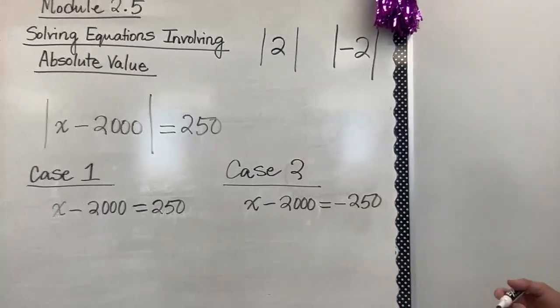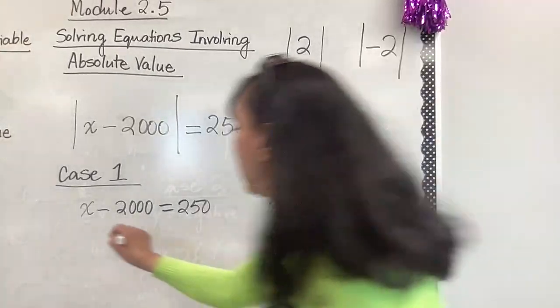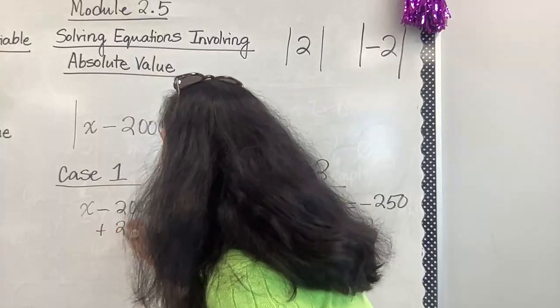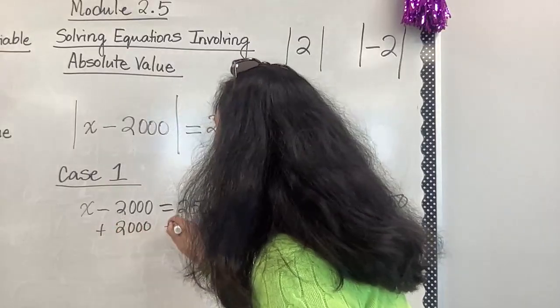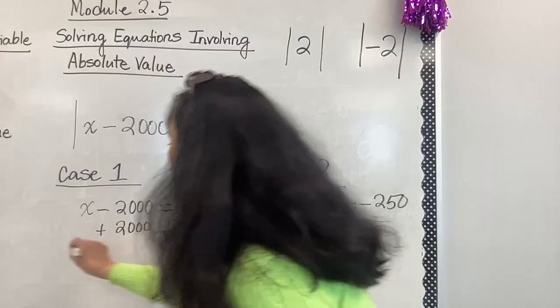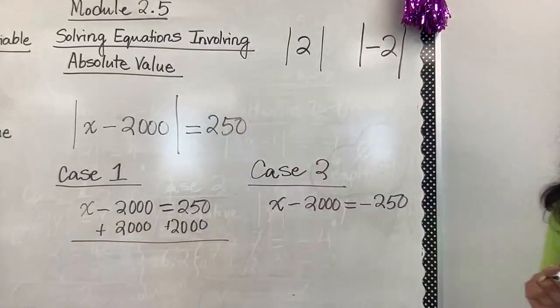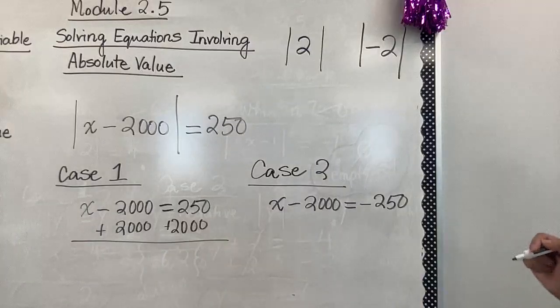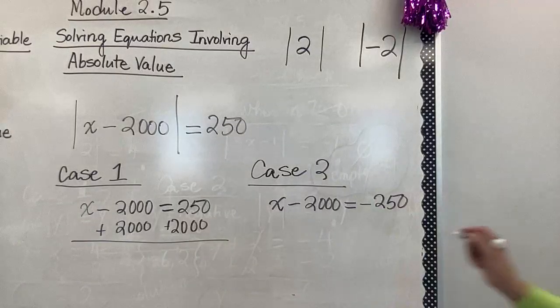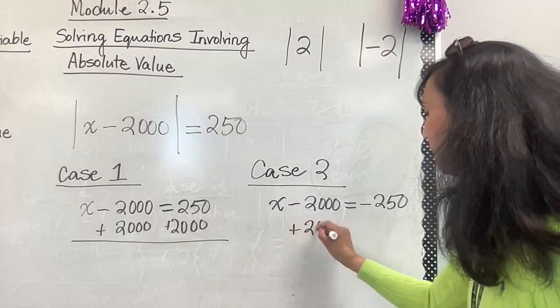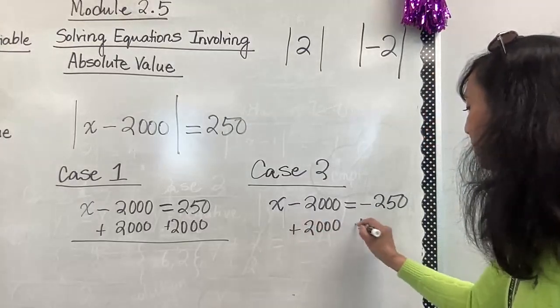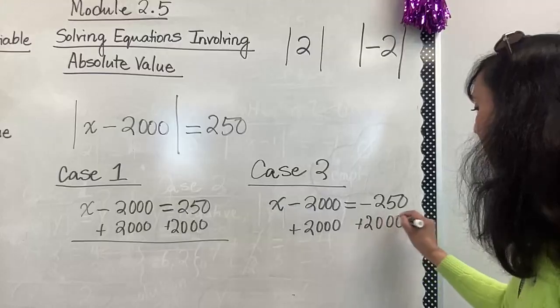So we are adding 2,000 to both sides of the equation. And same thing over here, we are adding 2,000 to both sides of the equation.